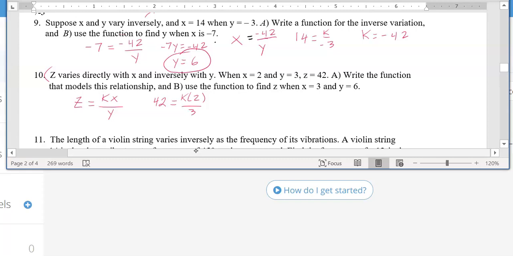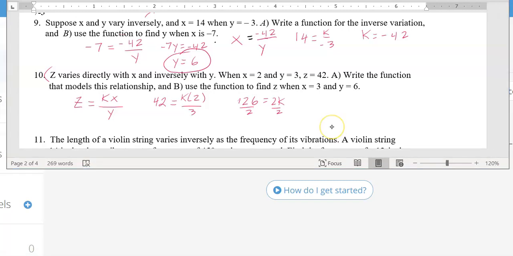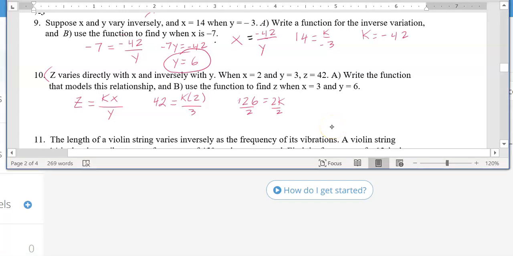So let's see if we can solve for k. 42 times 3 is 126. And then when we divide by 2, we get k is 63.